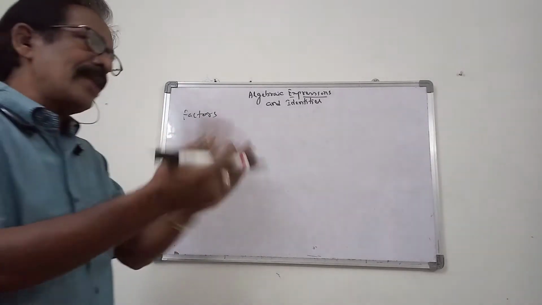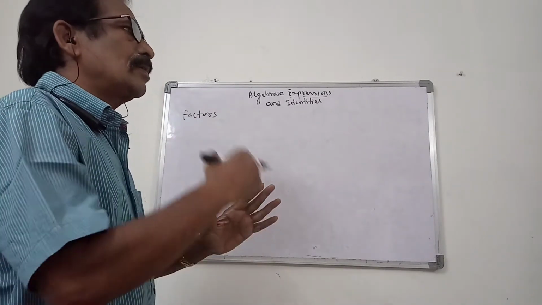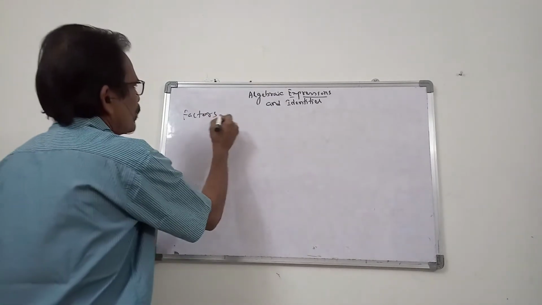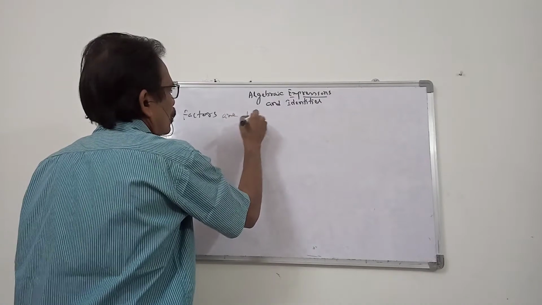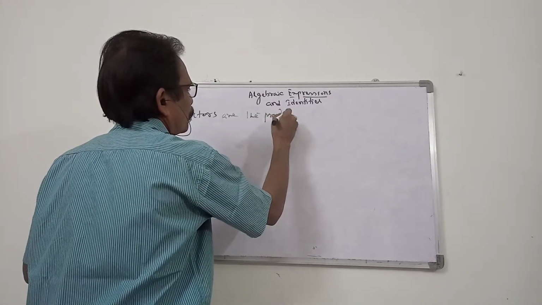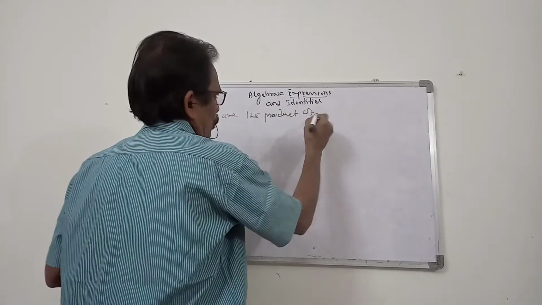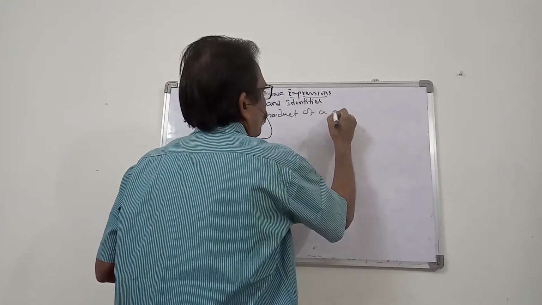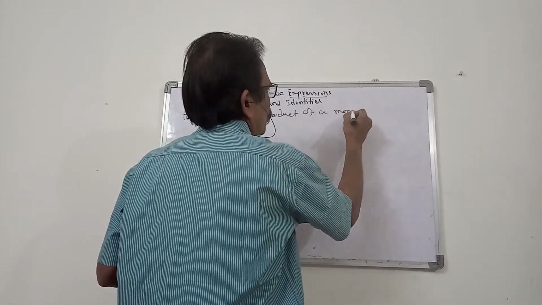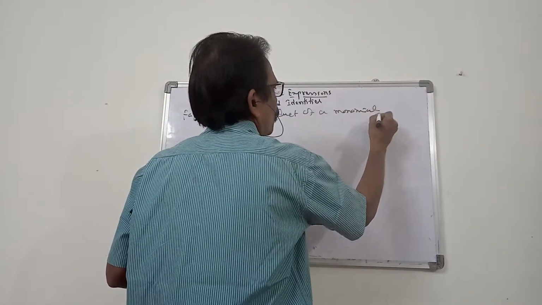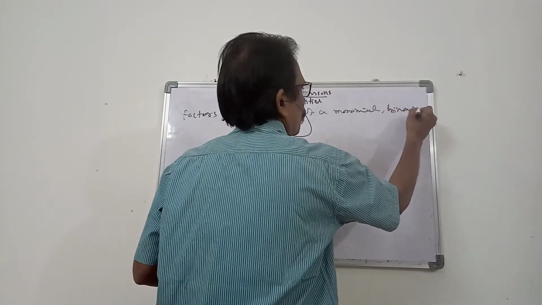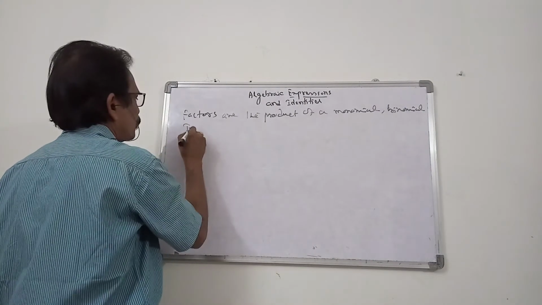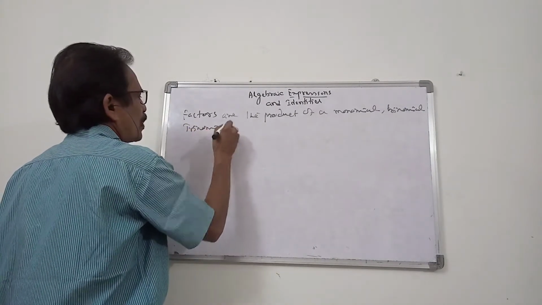Factors are the products forming a monomial, binomial, or trinomial.